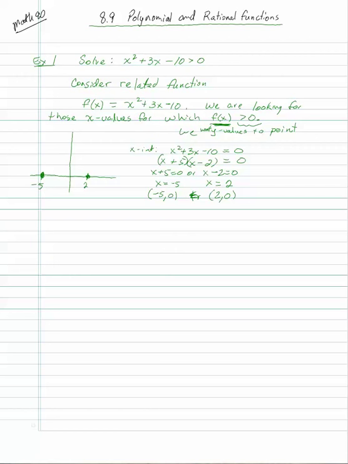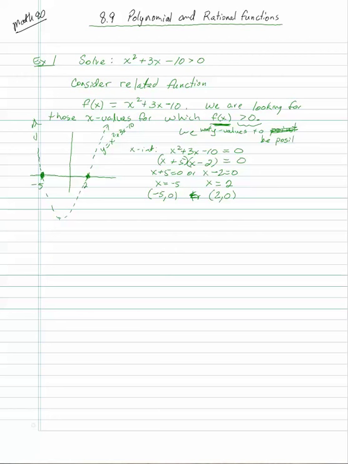And I don't care too much about the exact graph and where the vertex is. I certainly can figure that out. But the idea is this is the parabola y, or f of x, equals x squared plus 3x minus 10. And we want the y values to be positive.